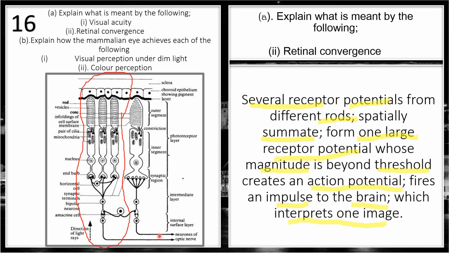And the brain is going to interpret it as a single image, yet it came from three rod cells. Because of the spatial summation forming one receptor potential, it is recognized as one image.